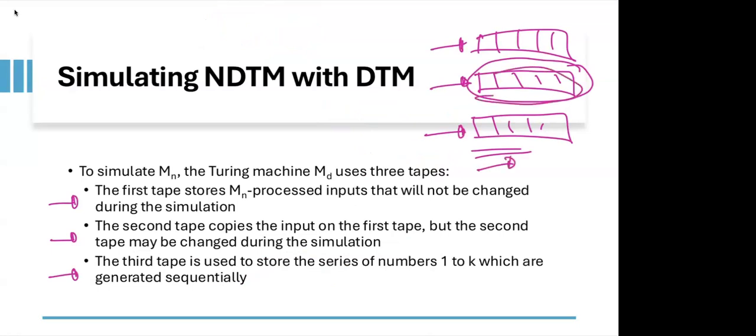We copy back whatever we have in the first tape to the second tape, and then we simulate again the second series of actions on the second tape, and so on, until we either run out of possible actions or reach the halting state.